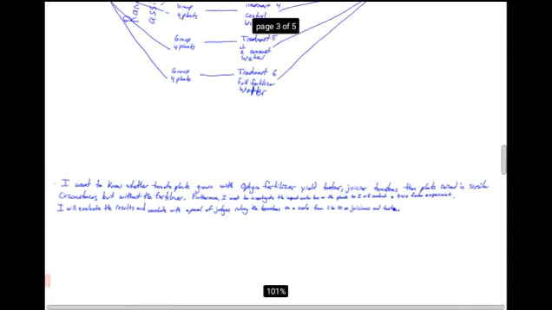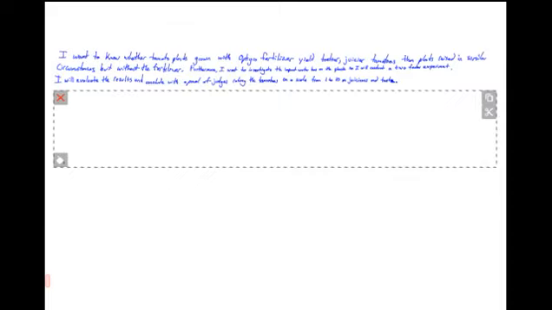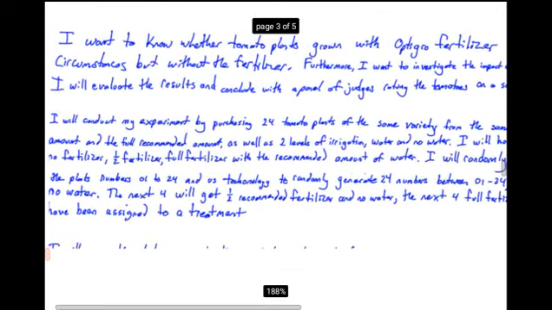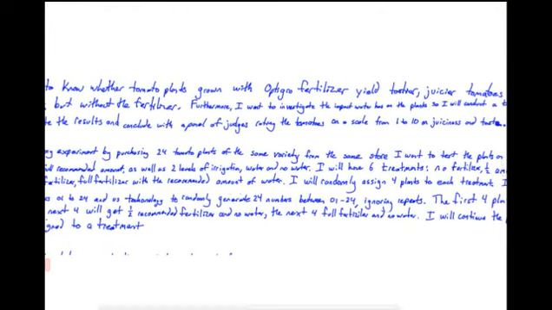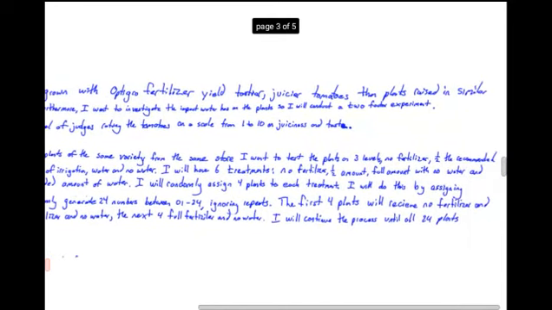Okay, so now let's explain exactly how we're going to do this. I will conduct the experiment by purchasing 24 tomato plants of the same variety from the same store. Okay, I want to test the plants on 3 levels.